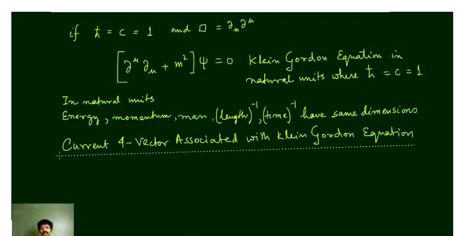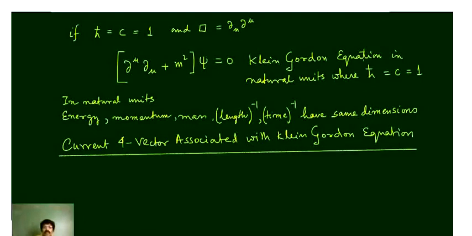Now what we do is we take the Klein Gordon equation and we multiply by psi star from the left, and we subtract the same thing with the stars swapped.